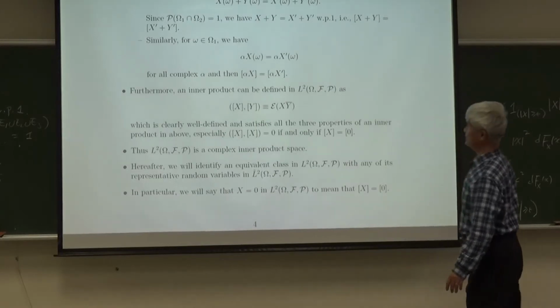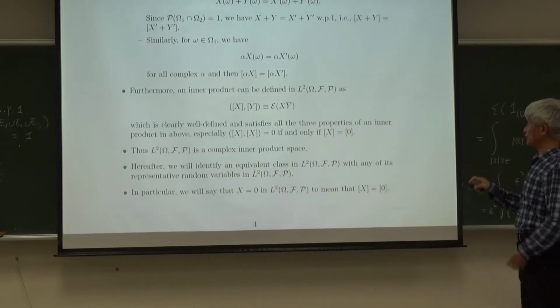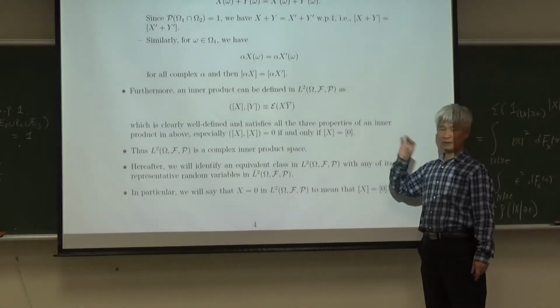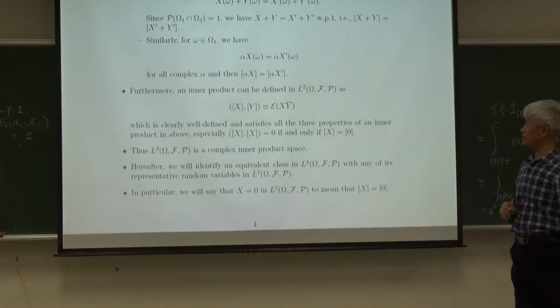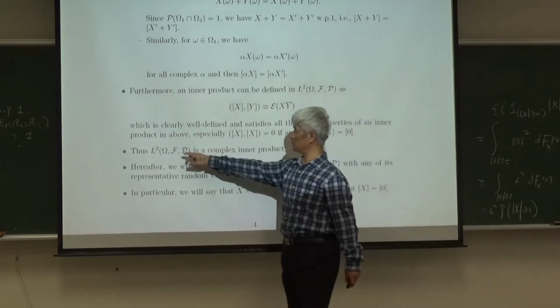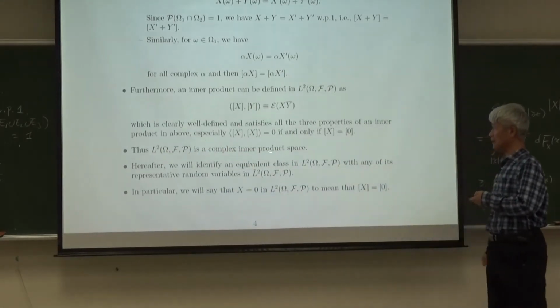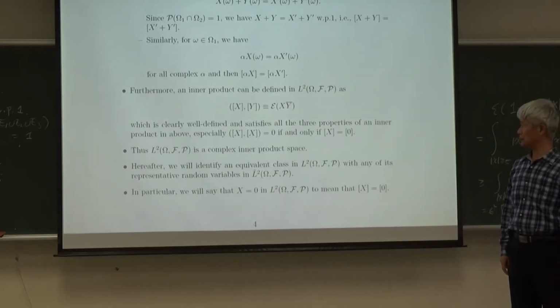And with the equivalence classes, we know that an equivalence class has inner product 0 with itself if and only if the class corresponds to 0, the class having the value 0. So now the L2 space without tilde is indeed a complex inner product space.